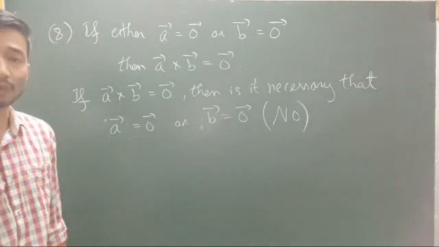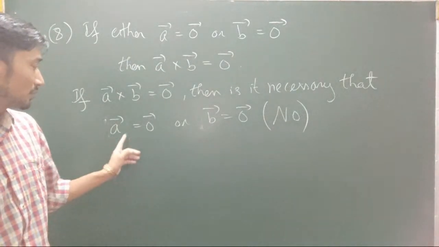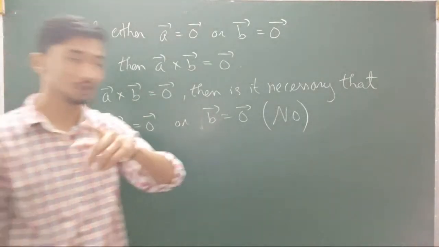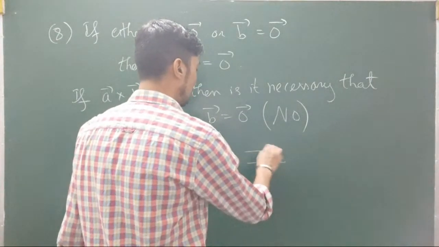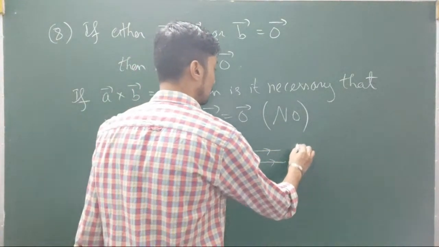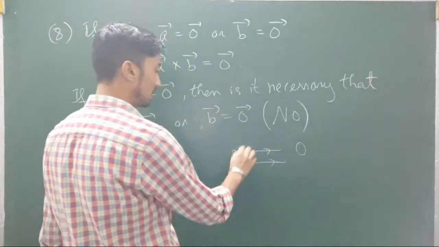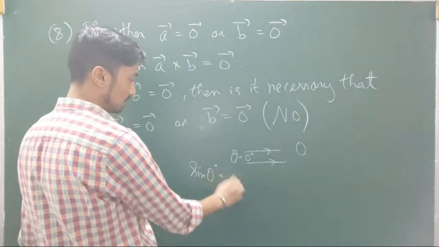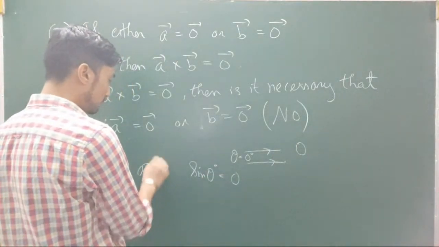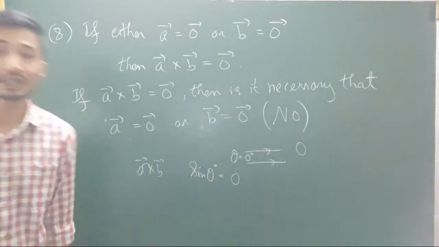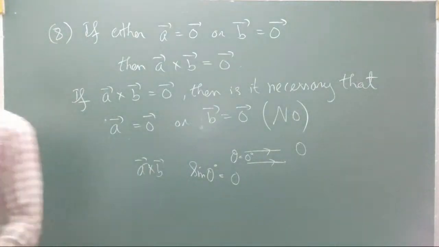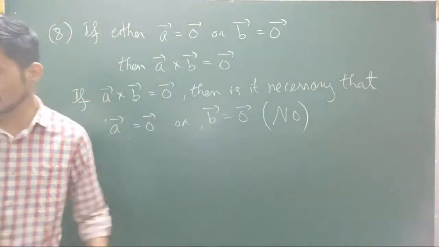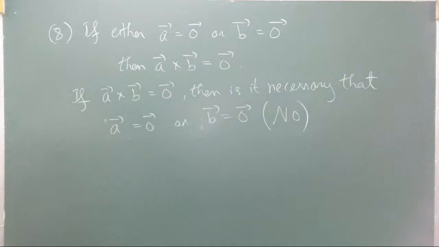Without both the vectors being zero, their cross product can be zero. How? You remember, if two vectors are parallel to each other, then the cross product will also be zero, because the angle between them, theta, will be 0 degrees. And we know that sine 0 degrees is 0. So in that case, the cross product of two vectors definitely is going to be 0. So it's not necessary that the vectors have to be zero vectors. They can be non-zero vectors also.